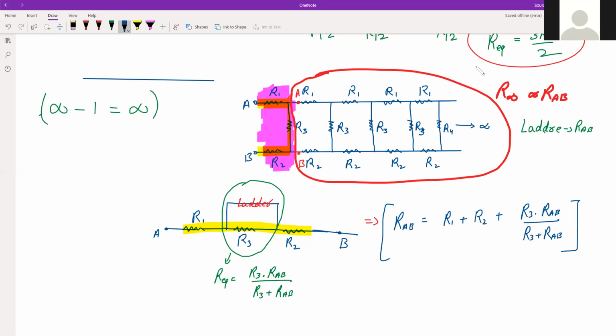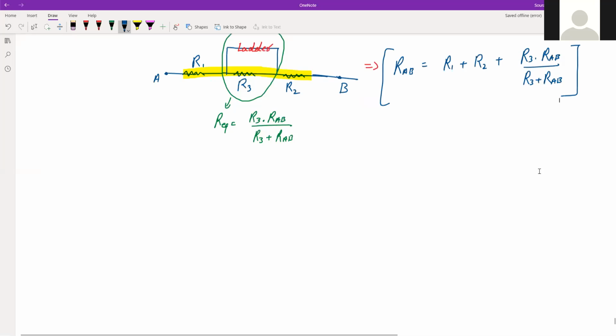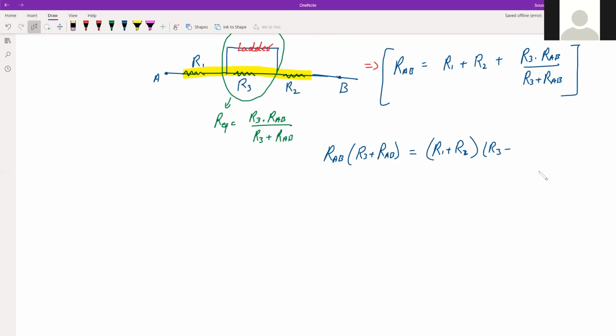Right? And there is no need to remember or derive any formula for this, but still, if you want to do that, it is easy to do, though I'll suggest it is not required. So what we'll have is RAB into R3 plus RAB equals R1 plus R2 into R3 plus RAB plus R3 into RAB.